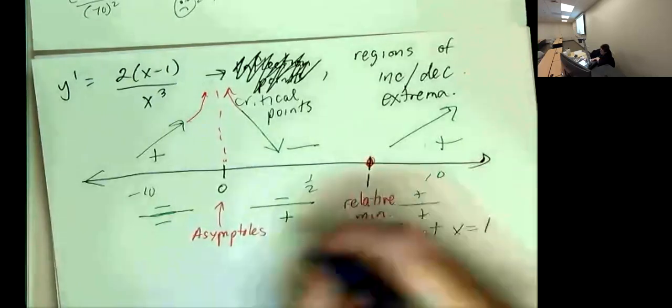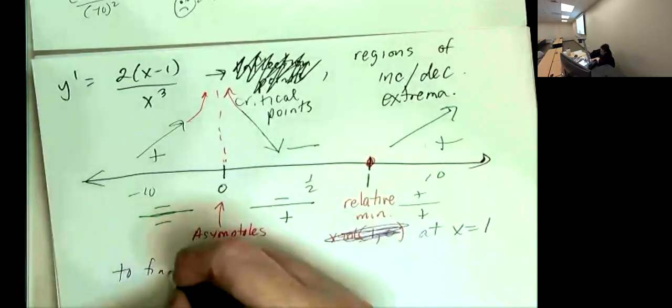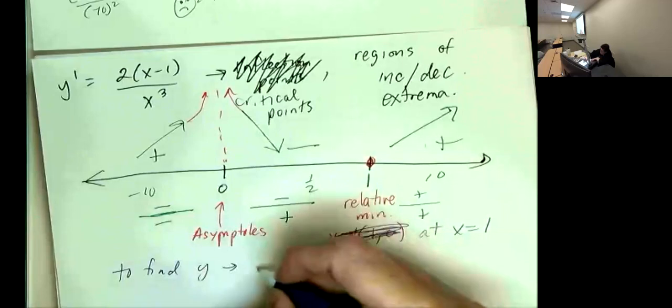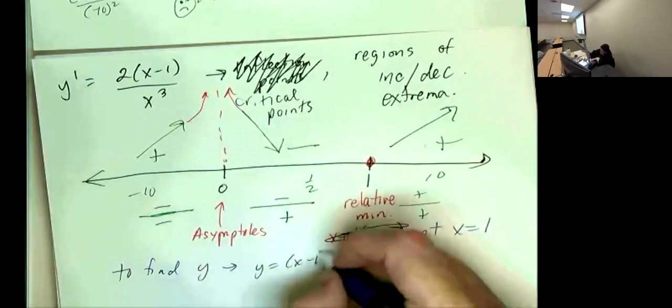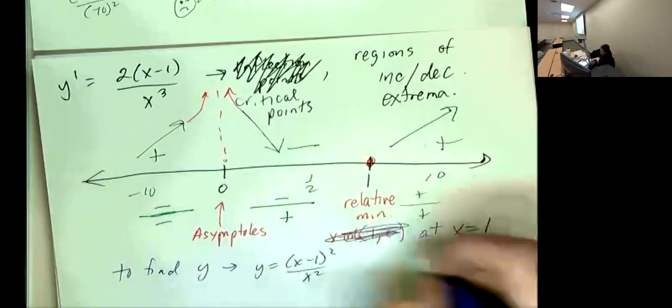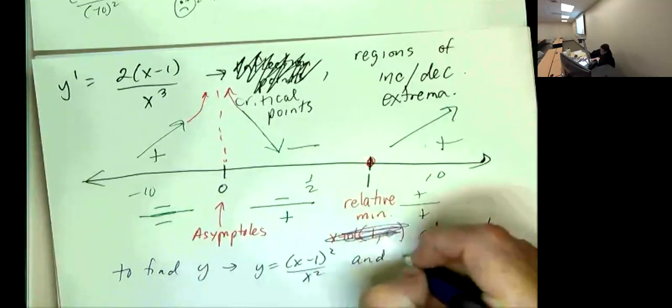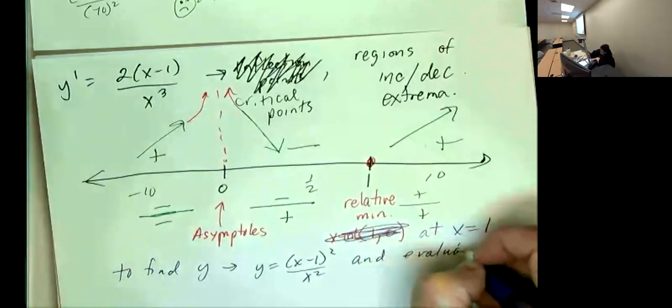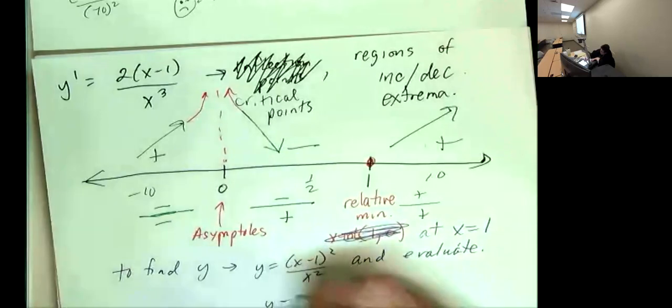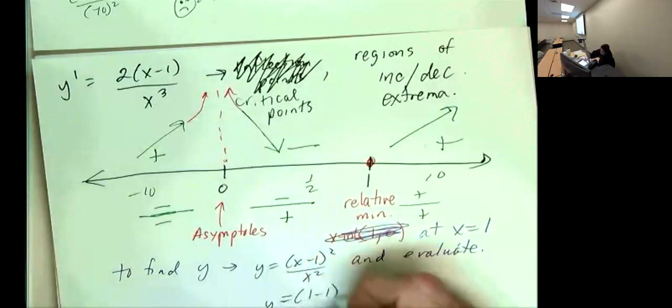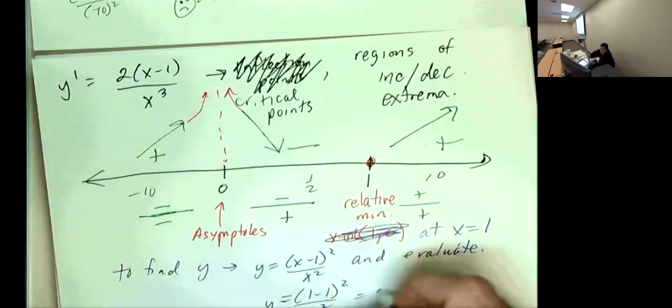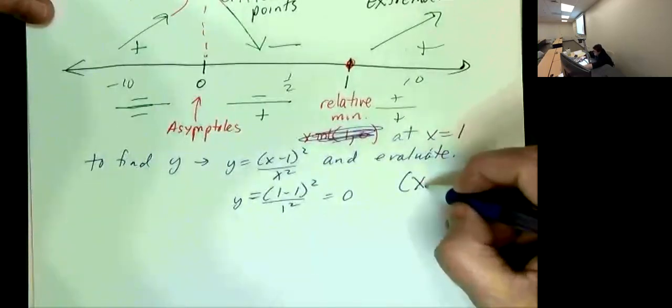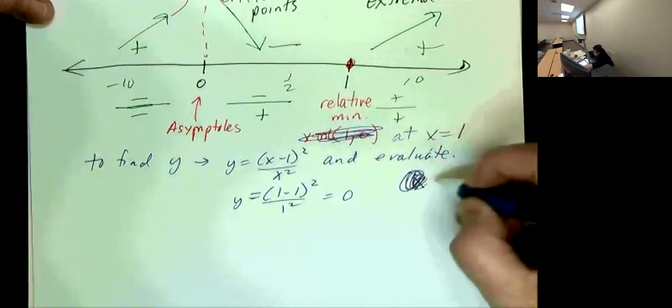To find y, go back to the original equation, y equals (x minus 1) squared over x squared, and evaluate. y equals (1 minus 1) squared over 1 squared, which is 0. So we get the point (1, 0).